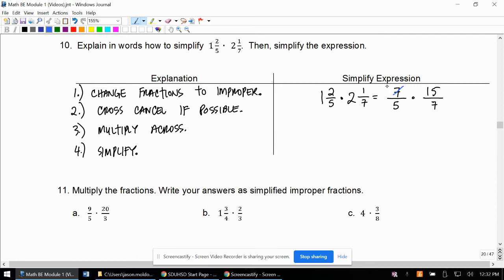That 7 and 7 cancel. I'll sometimes even circle these so that I don't miss them or lose them. And 5 and 15, we just did this one. 5 goes into 5 one time, and 5 goes into 15 3 times. Step 3, multiply across. 1 times 3 is 3. 1 times 1 is 1. And that means that our final answer is 3.